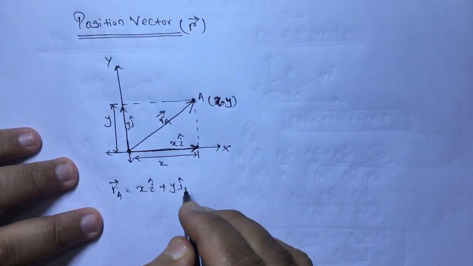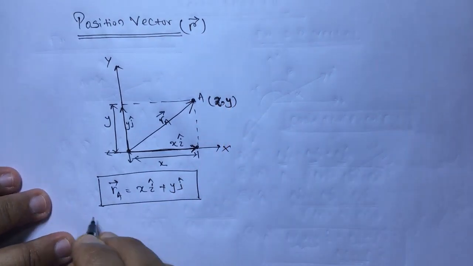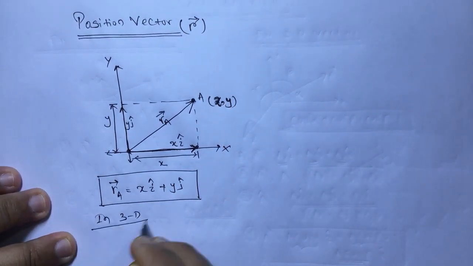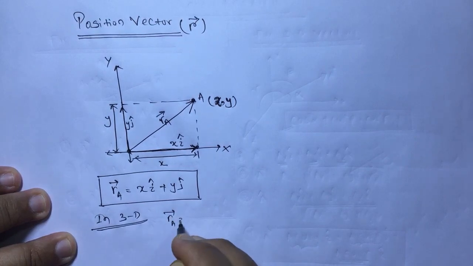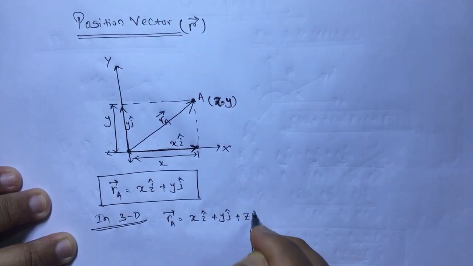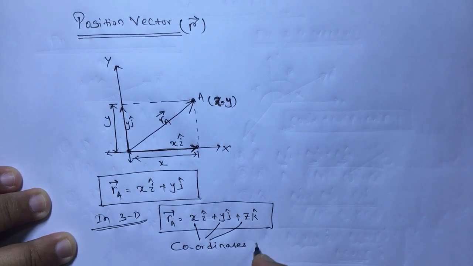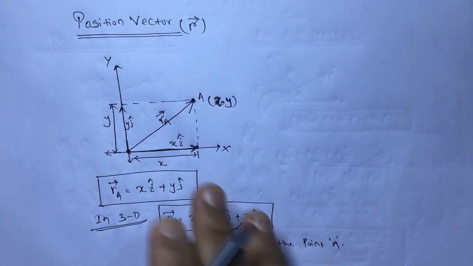And if it is in 3 dimensions, then we will have x comma y comma z coordinates. So in 3D, the general expression of a position vector can be written as x i cap plus y j cap plus z k cap, where x, y and z are the coordinates of the point A. Very simple, just remember the definition.